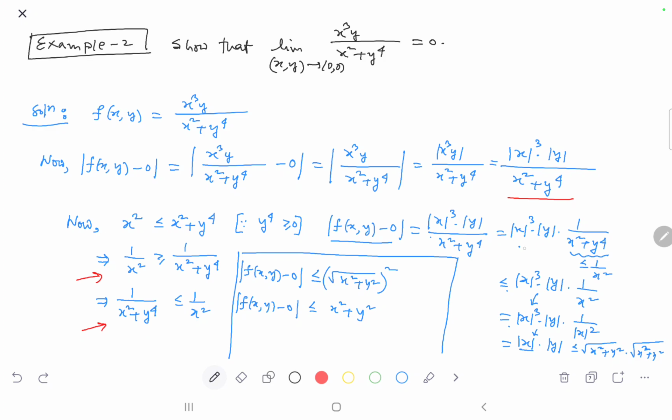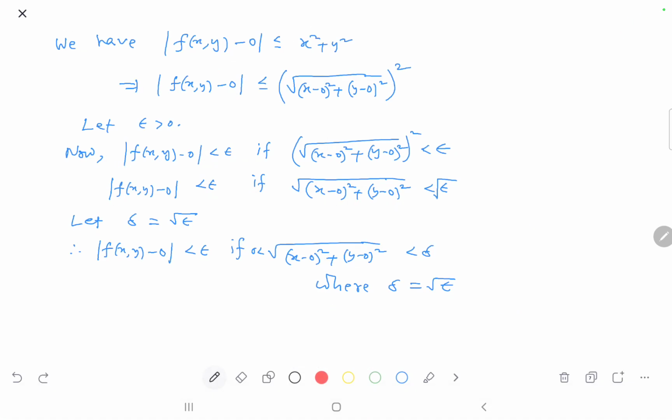Then we did this, and this is less than or equal to this expression. Finally we get that the absolute value is less than or equal to this. Now we can rewrite it as the square root of (x minus 0)² plus (y minus 0)², whole squared. This is less than epsilon if this expression is less than epsilon, so you take the square root, and that is delta. I think we finish it.